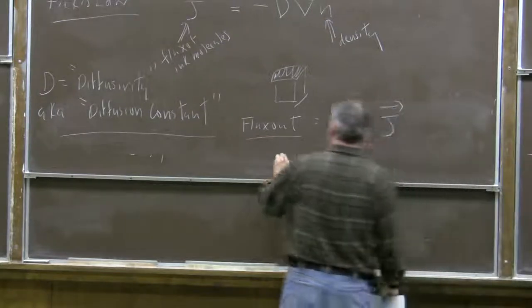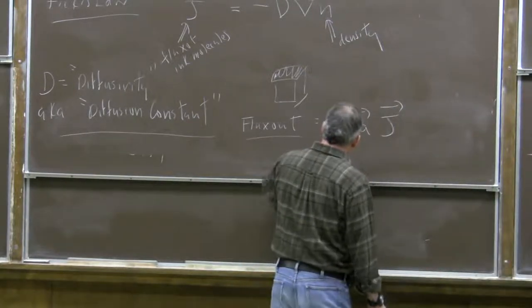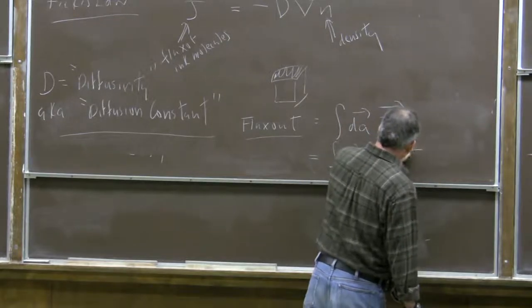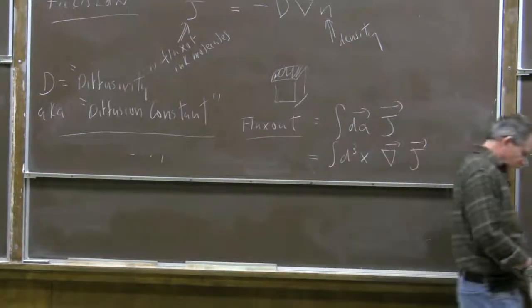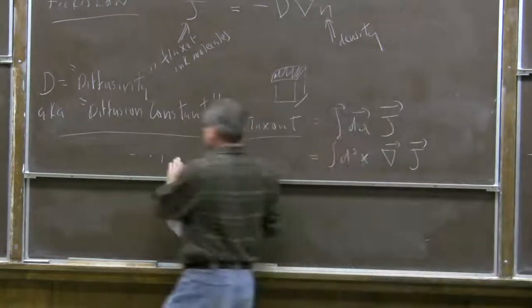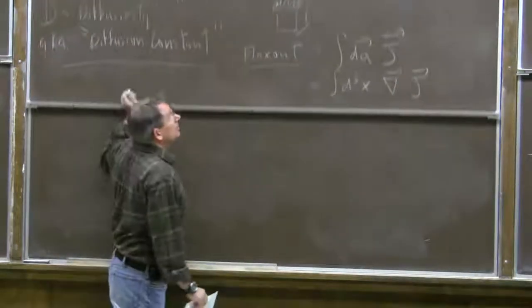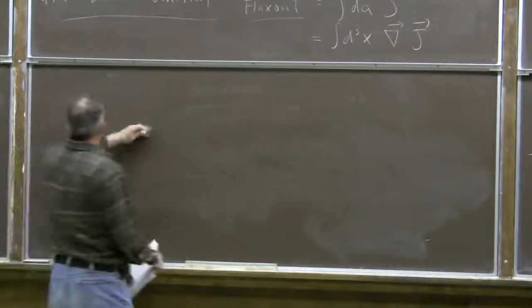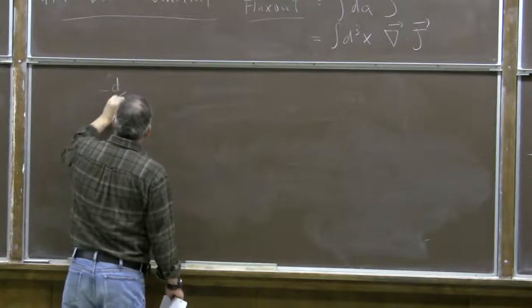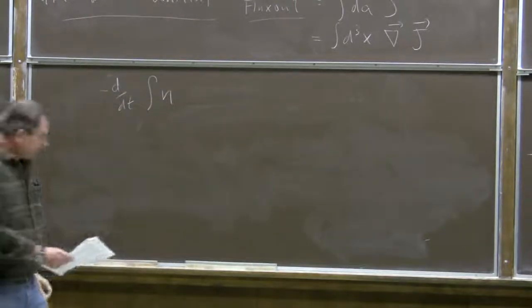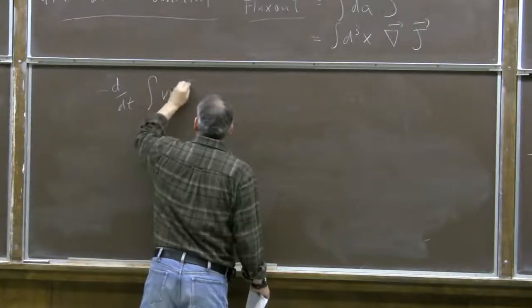And I can use the divergence theorem to write that as an integral over the volume of the divergence of the flux. And another expression for the rate at which the ink molecules are leaving the cell is, well, I consider the density of ink molecules per unit volume integrated over the volume.